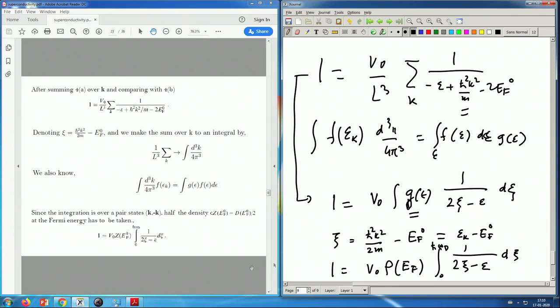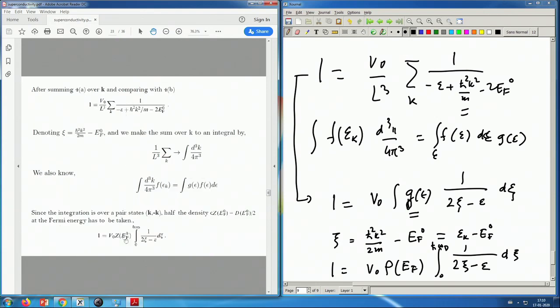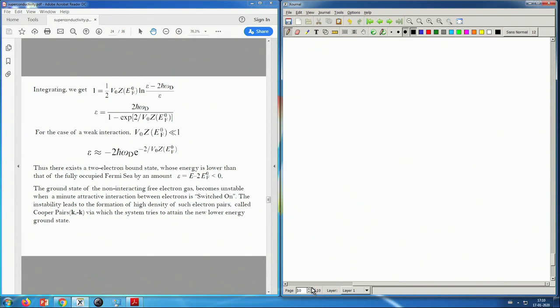Now our life is much simpler. All you have to do is this integral, which is straightforward, and there is a logarithmic term. Let me just write down the result: 2 by V0 rho E_F equal to log of epsilon minus 2 h cross omega D divided by epsilon.